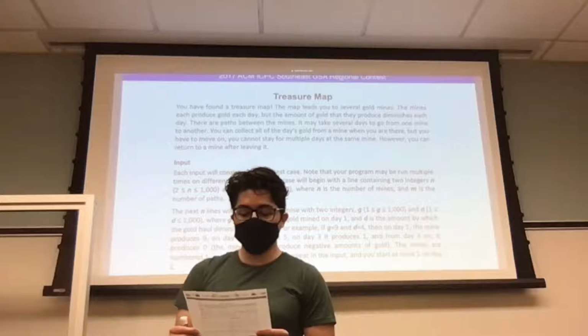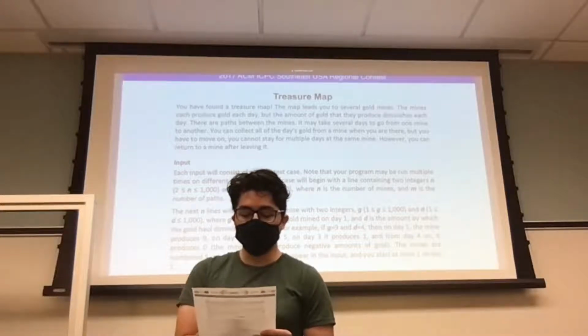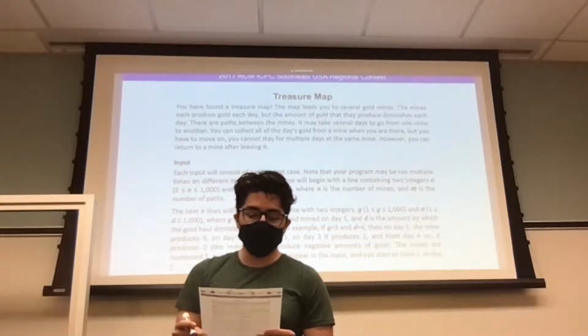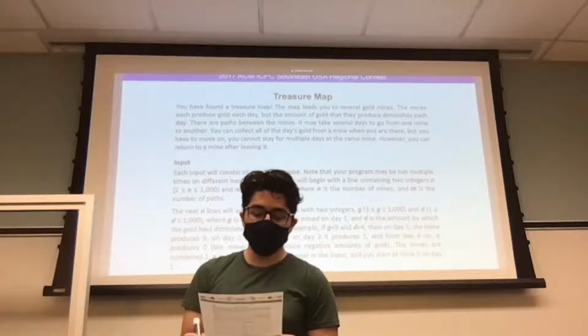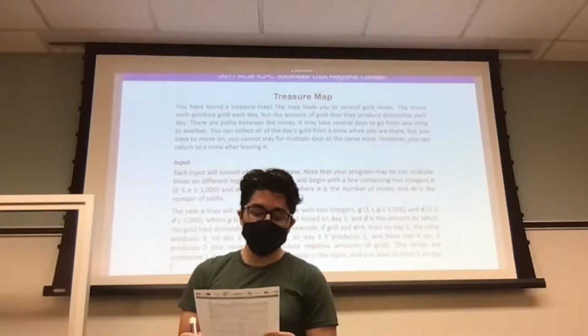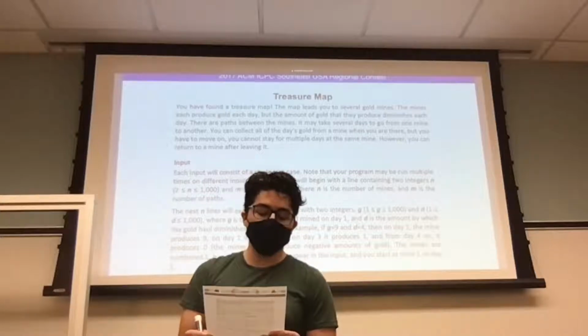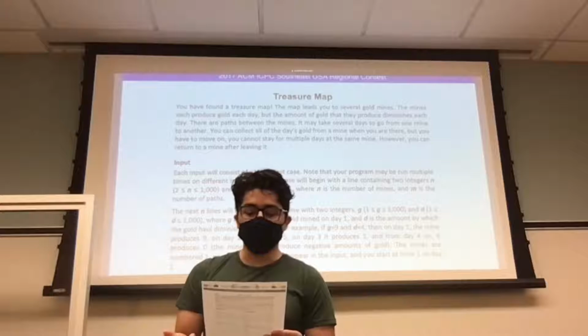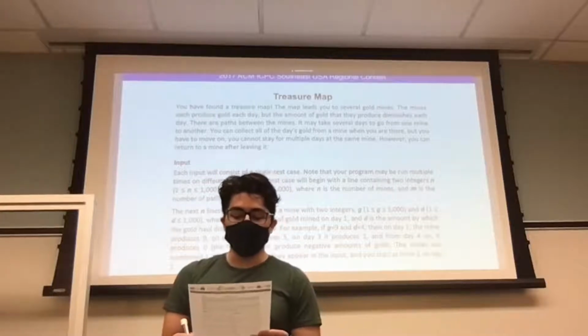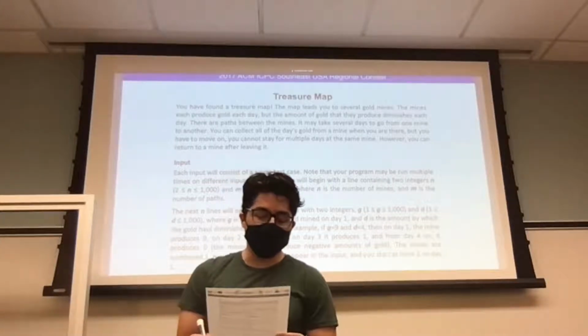So the input will consist of a single test case, N and M, where N is the number of mines and M is the number of paths. Then you're given N lines of G and D, where G is the amount of gold on day 1, and D is the amount of gold by which the haul diminishes each day. For example, if G is equal to 9 and D equal to 4, then on day 1, the mine will produce 9 gold.